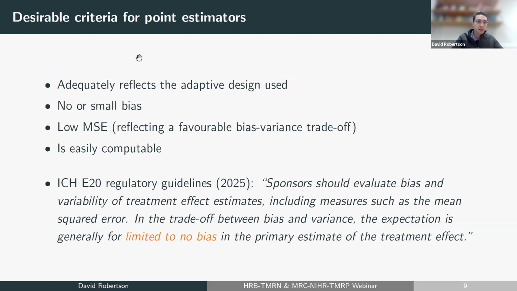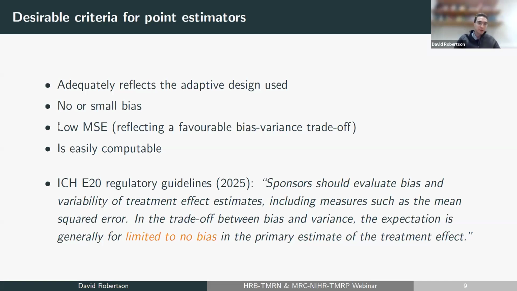So what are some of the desirable criteria for point estimators? The first point is that you want to use point estimators which reflect the adaptive design that you've used. And we'll see examples of that shortly. All other things being equal, we do want no or small bias, ideally.